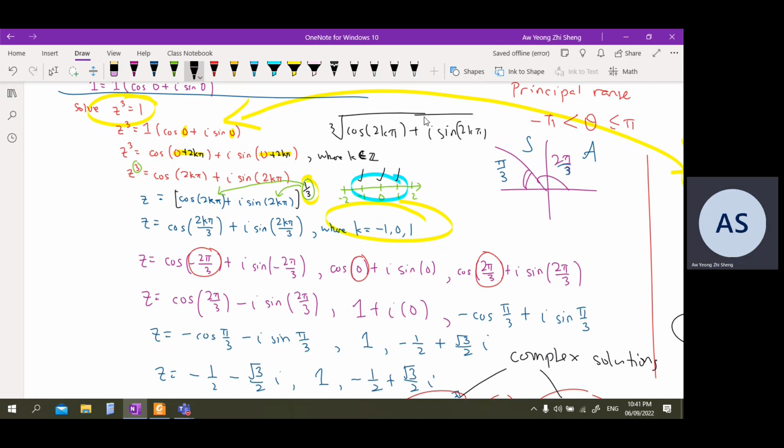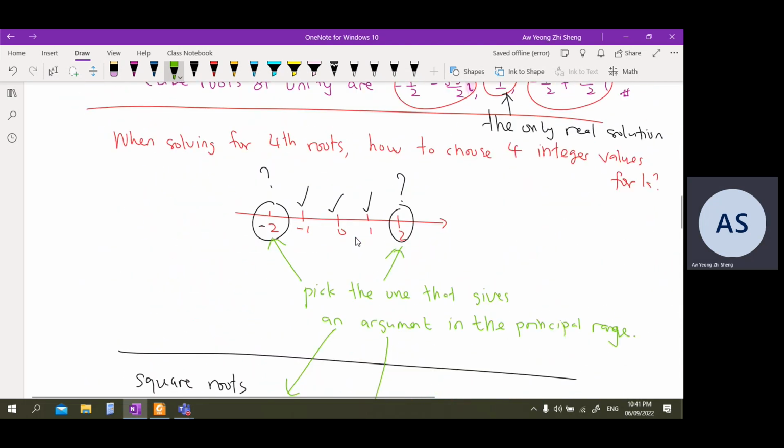The cube root symbol covering a complex number is not preferred because that might lead to confusion. Furthermore, when you write it as something power 1/3, it is more intuitive to apply the de Moivre's theorem. Okay.